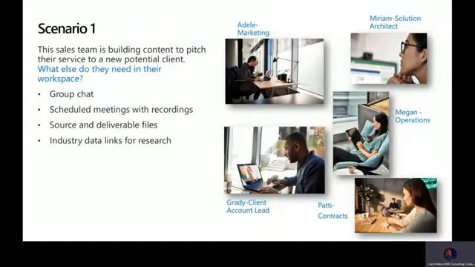All right, so in scenario one, remember this was the sales group, right? They had set up a group chat and they had a regularly scheduled meeting with the recordings. They had their deliverable files set up on the tab line, and they also had a link to data that they could get to.